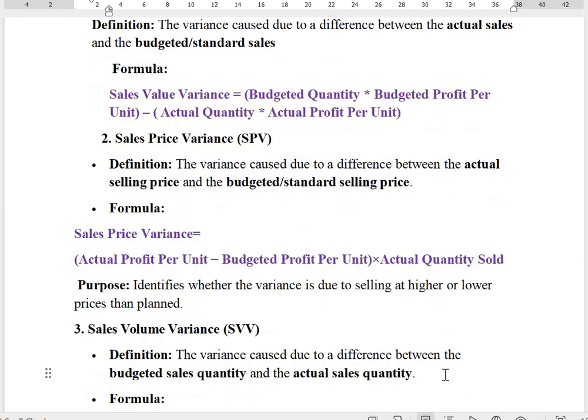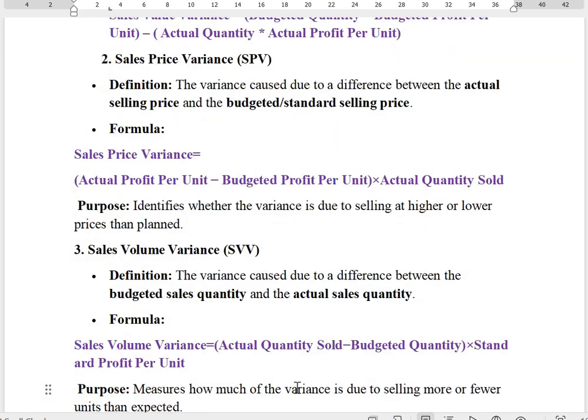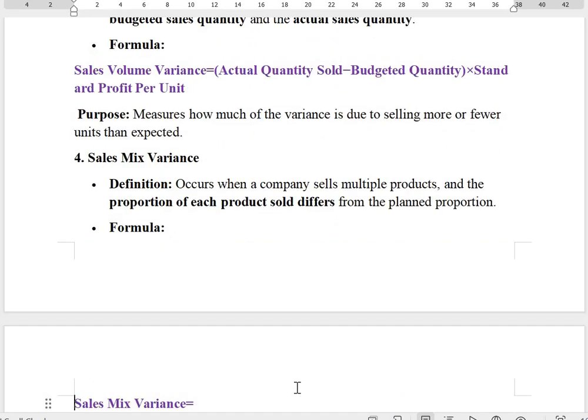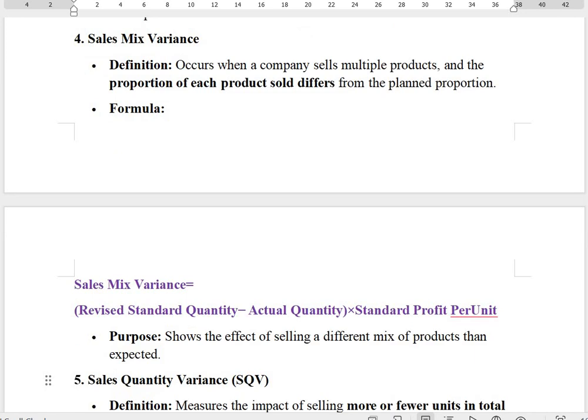Then the next one is sales volume variance. Here you calculate the quantity variance by actual quantity sold minus budgeted quantity sold, into standard profit per unit. So by using these 3 formulas, we compute the sales variance based on the profit. Also, if while making sales we have a mix, then we can compute the mix variance. The mix variance also we compute by calculating the revised standard quantity.